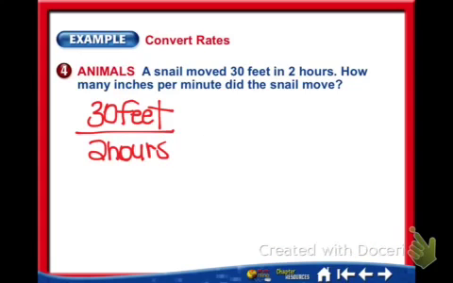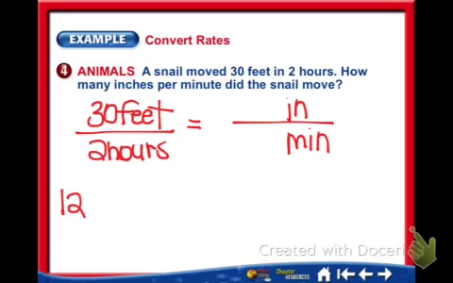We can ask ourselves, since we're looking to find out how many inches in a minute, how many inches are in 30 feet? Well, if there are 12 inches in 1 foot, 12 inches times 30 feet is 360.